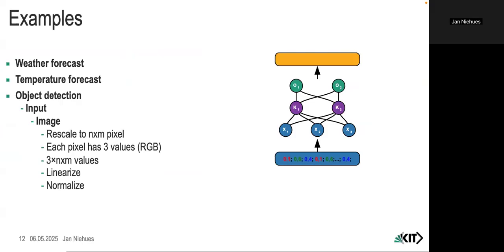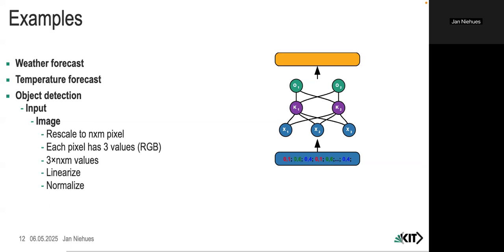Then each pixel has 3 values, the red, green, and blue part, so RGB. And then you could have a list of 3 times n times m values. You linearize them, maybe normalize them, and again, you have an input which you can put in to then train your object detection system.